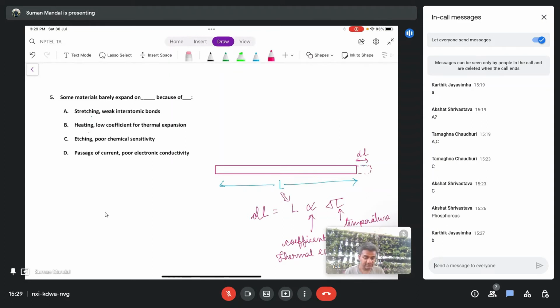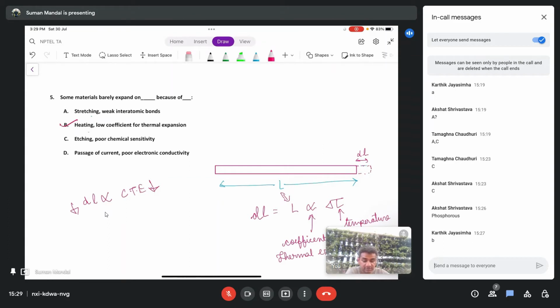And you can see here that dl is directly proportional to alpha. So if the coefficient of thermal expansion is low, then the expansion will be low. Therefore, answer B is definitely correct.